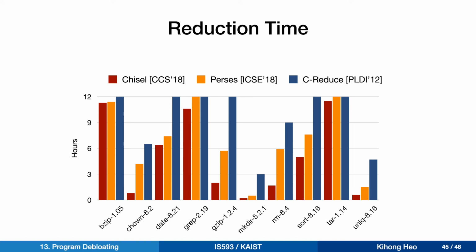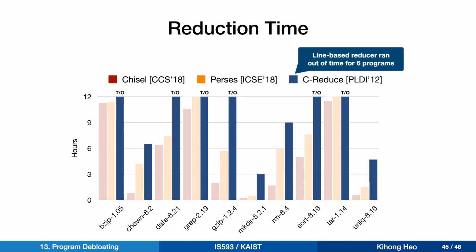Next, let's compare the performance of Chisel against the existing program reduction tools. First, C-Reduce, which is based on the naive delta debugging algorithm. This one ran out of time for 6 programs out of 10 because it makes a lot of syntactically and semantically invalid programs during the reduction steps.